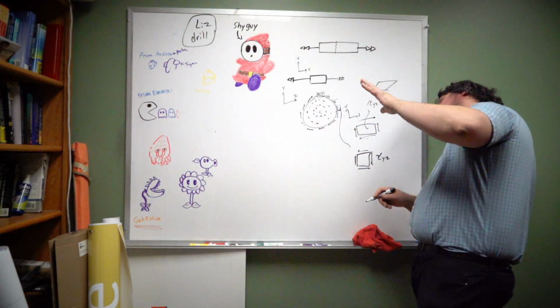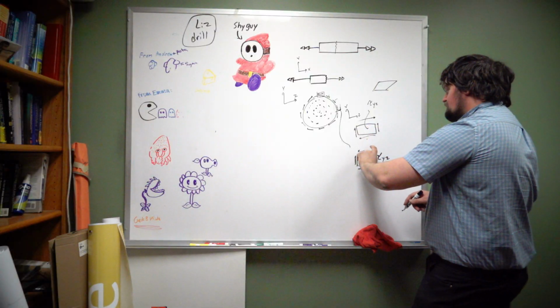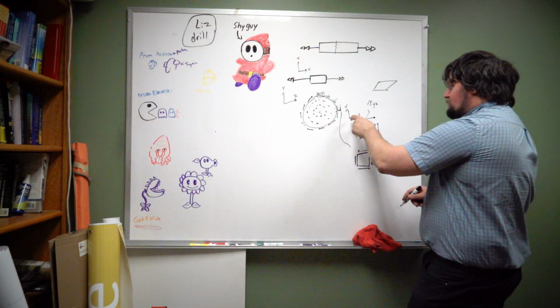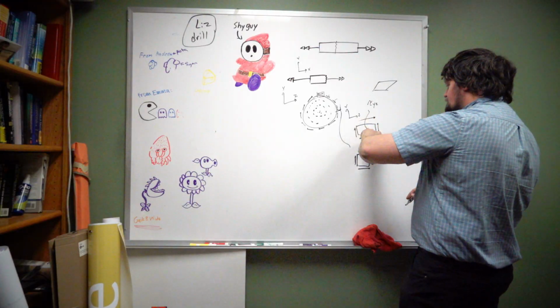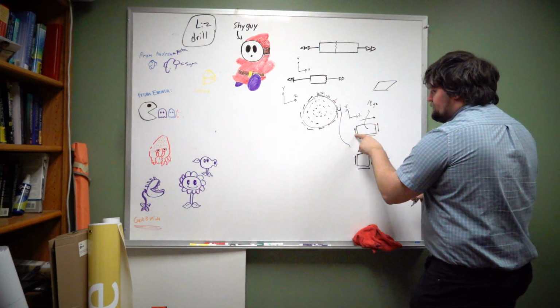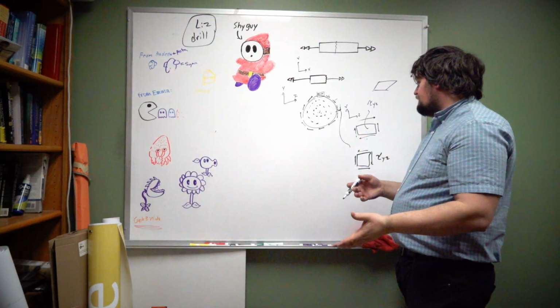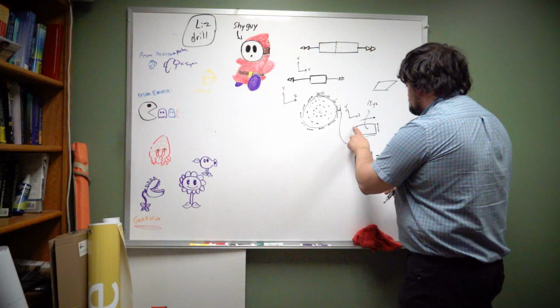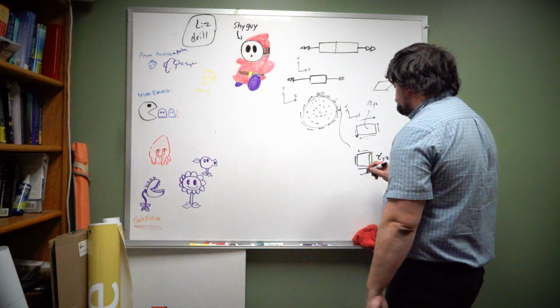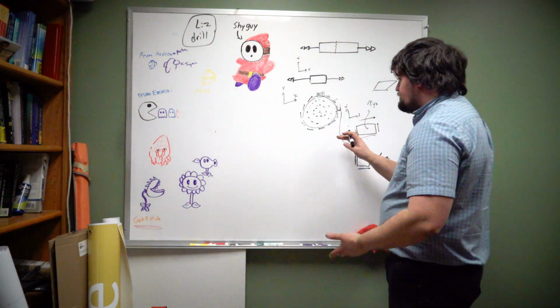But if you were to rotate your camera, this one becomes this one. You rotate and go down here, this one becomes that one. You rotate and go over here, this one becomes that one. They're all the same. They're all working in the same orientation. It's all just a rotation here.